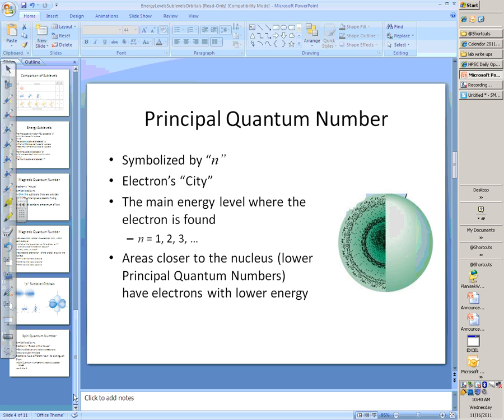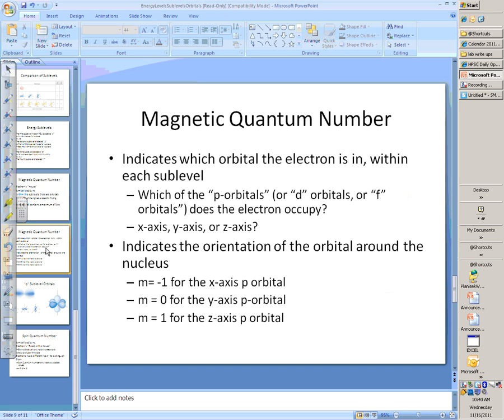Exactly. The magnetic quantum number is the idea that, Allison, first, everybody got this? A little bit. Finish writing this down, and then we'll talk.